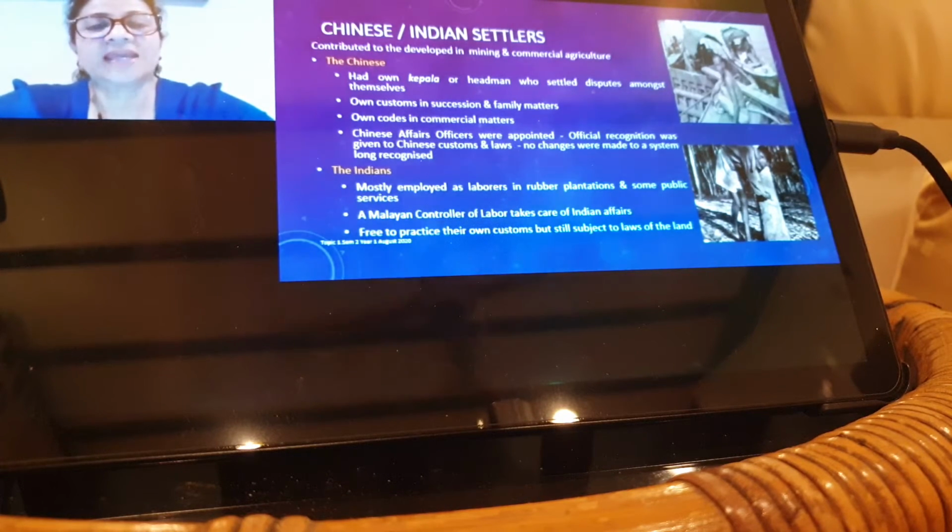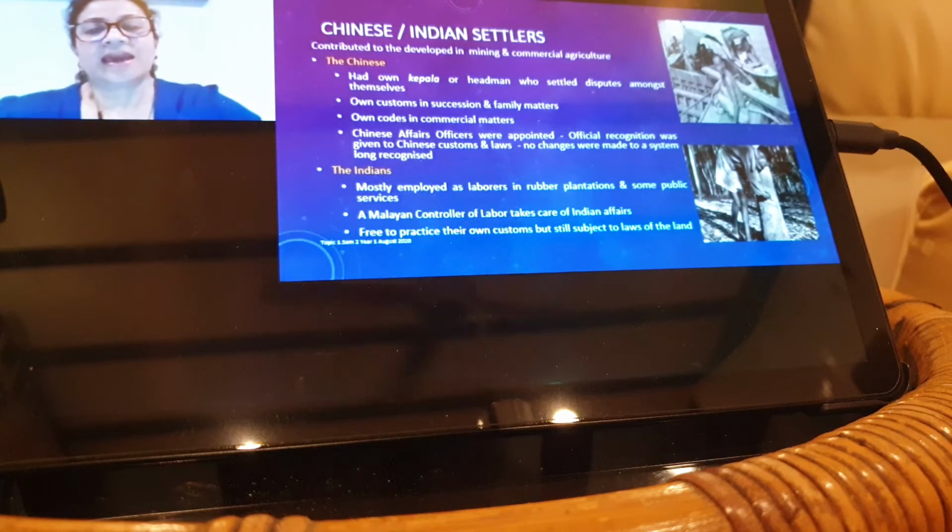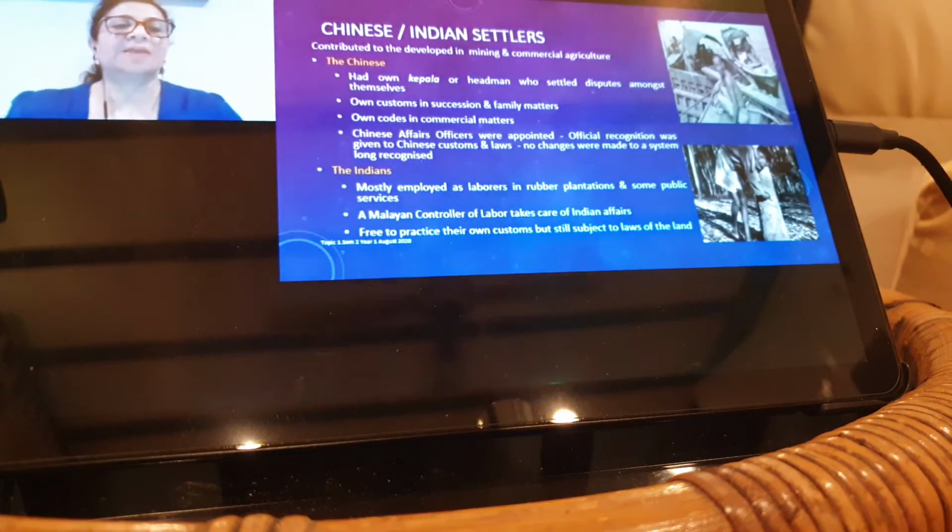They have their own codes in relation to commercial matters, and Chinese affairs officers were appointed to regulate Chinese customs and laws. Now the Indians too, you have a Malayan controller of labor who takes care of Indian affairs, and Indians were mostly laborers in rubber plantations, and they also took up some posts in the public service.